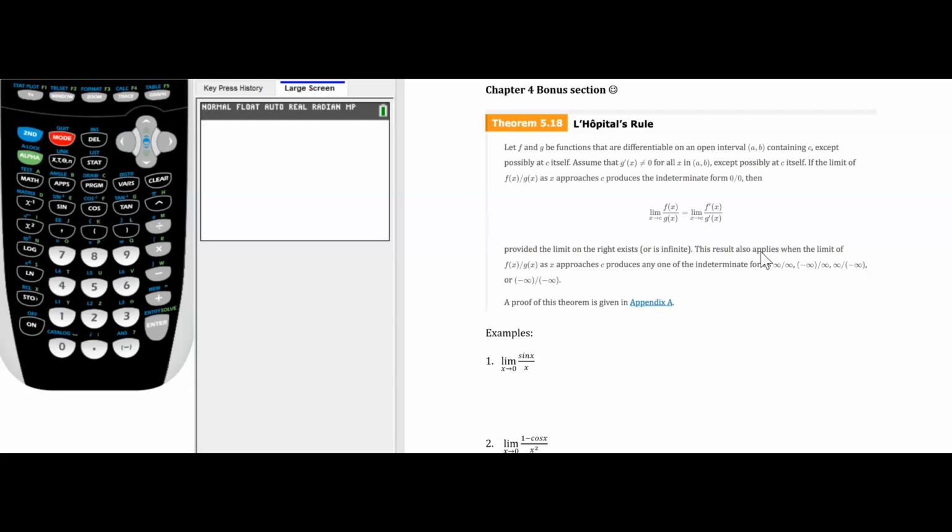This result also applies when the limit of f divided by g as x approaches c produces any one of the indeterminate forms. And so basically L'Hopital's rule takes care of indeterminate forms. And remember, we've learned strategies in the past for doing limits of indeterminate forms. We've talked about the cancellation technique or the rationalizing technique, or what else?